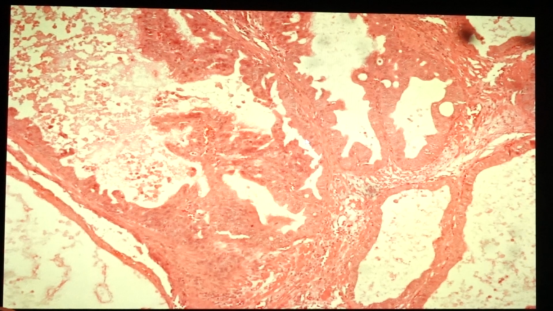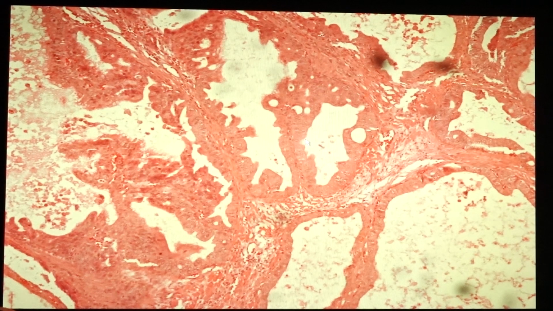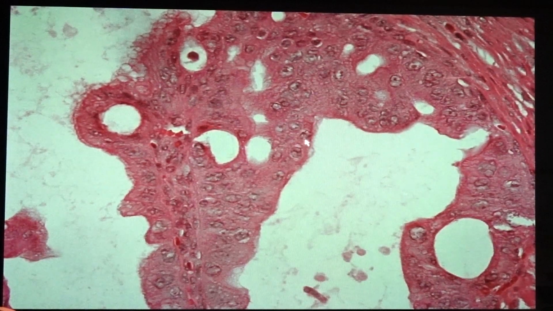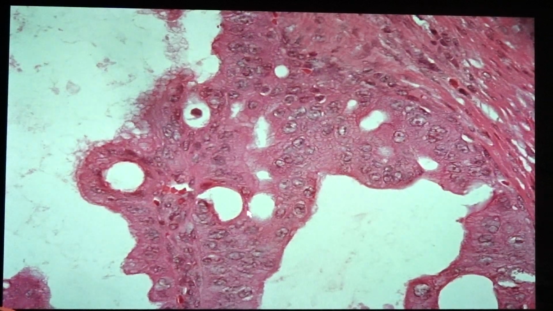Okay, so what are the risk factors? For now we go to the area for the malignancy. If you look at the rest of the slides, you would see this area. This area would show the presence of atypical glands in back-to-back formation, with an increased proliferation, presence of bridging.